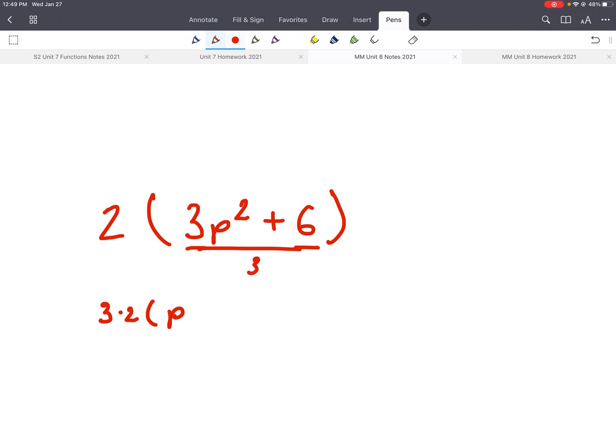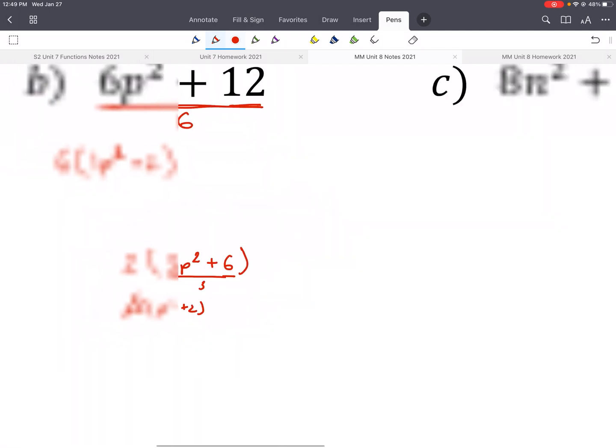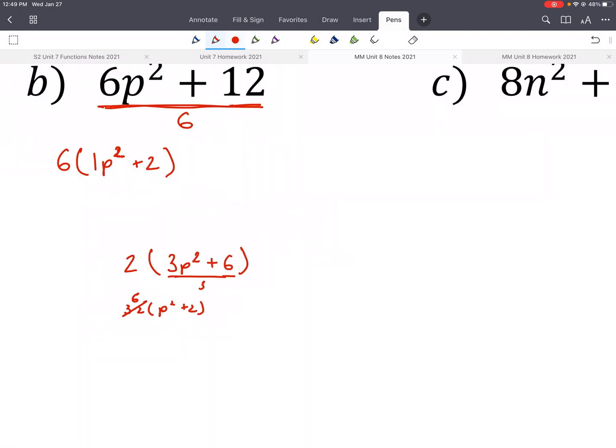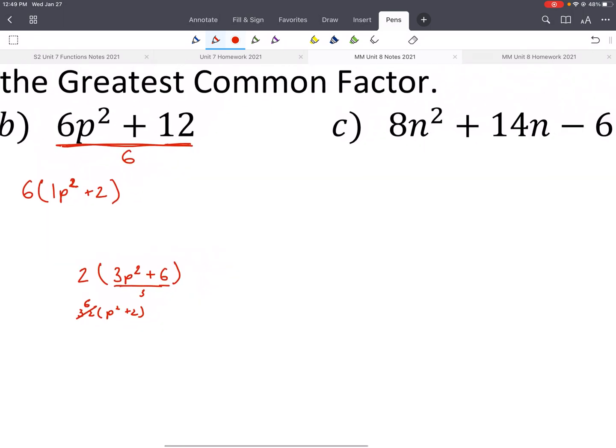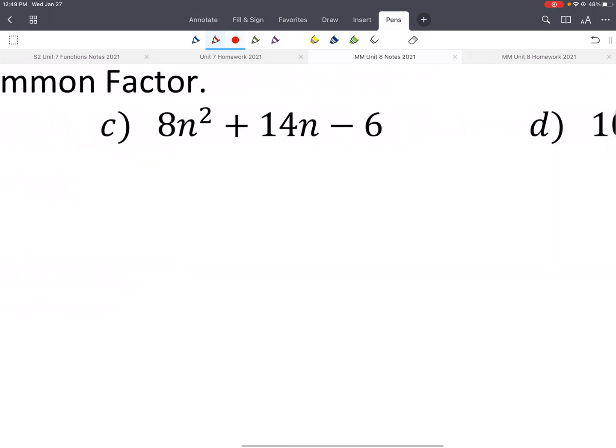And then we could do our p squared plus 2, and that would give us 6. So if you make a mistake, not all is lost. You can just continue factoring things out or start all over. All right, try C and D by yourself.